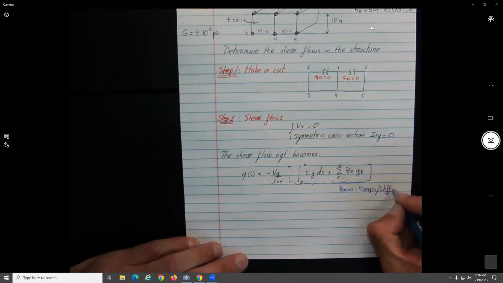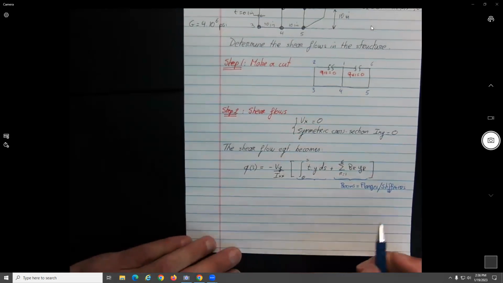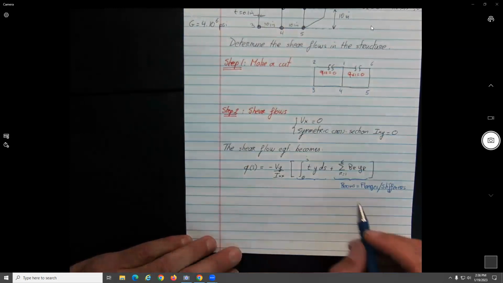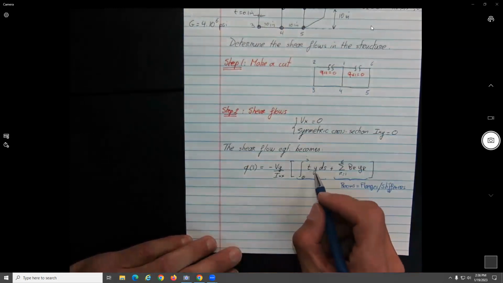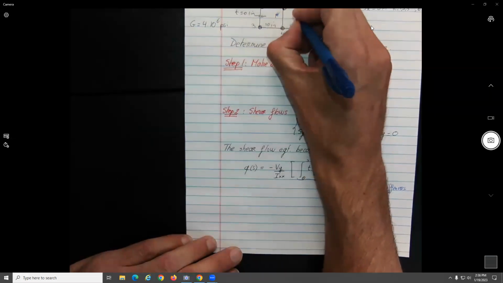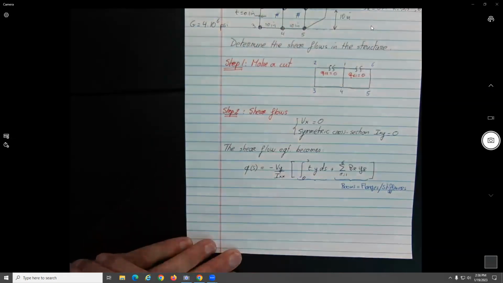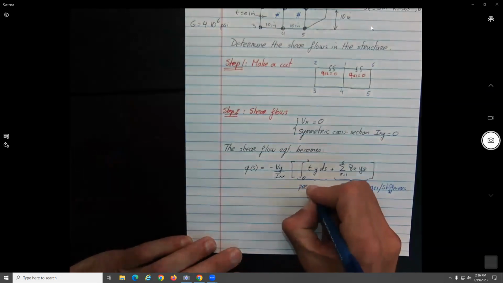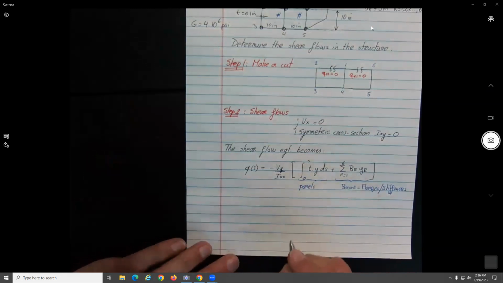So this is the effect of the booms 1, 2, 3, 4, 5, 6. And this term over here was t. Maybe I didn't put it, but here is the skin, a panel, on each one of these panels. So this is what happens on the panels, the effects of the panels.